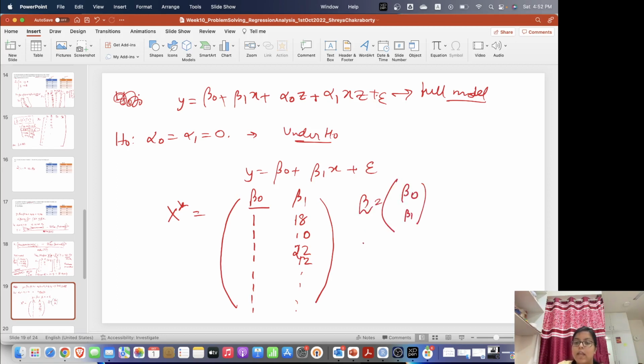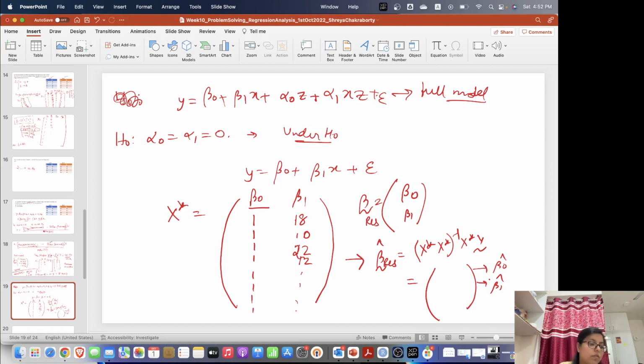Applying the formula, beta hat under the restrictive model would be (x star transpose x star) inverse x star transpose y, and we would have only 2 estimates, beta naught hat and beta 1 hat.